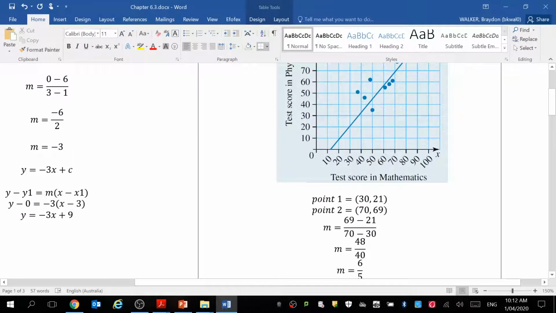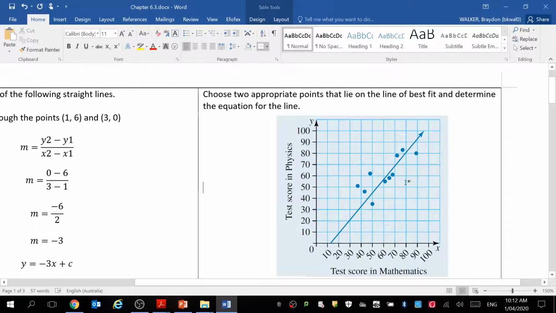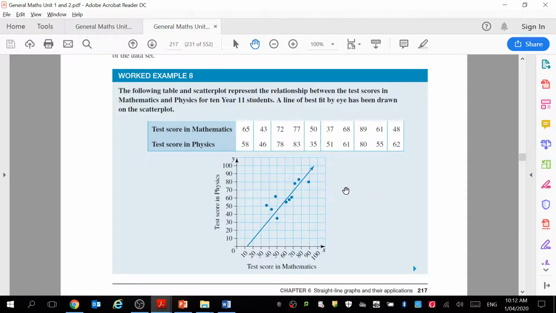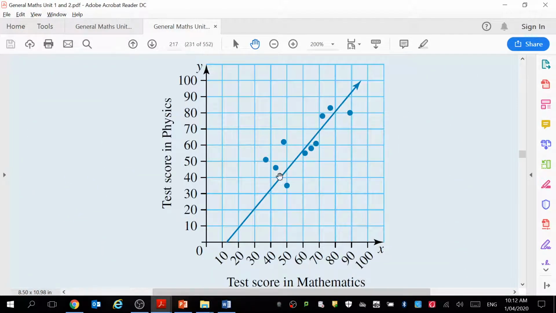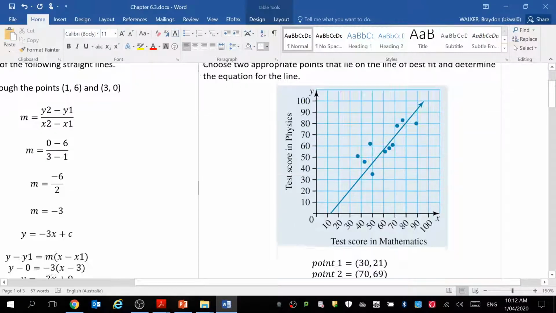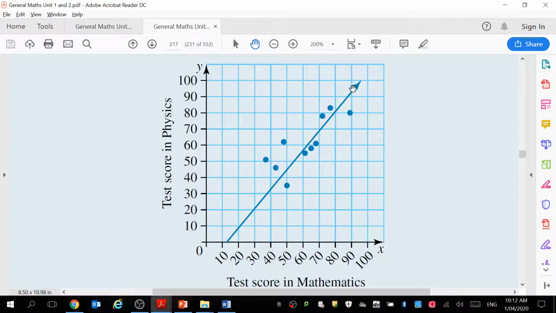Now, what you can do with this is what's known as interpolate your data or extrapolate your data. If I go back up to my graph here very quickly, I might go back to the textbook for this one. As you can see, the points that we've been given stretch from here to effectively here. If you wanted to use this equation that we've made here to find a value, okay, what if I scored 95 on the maths exam, what should I get?